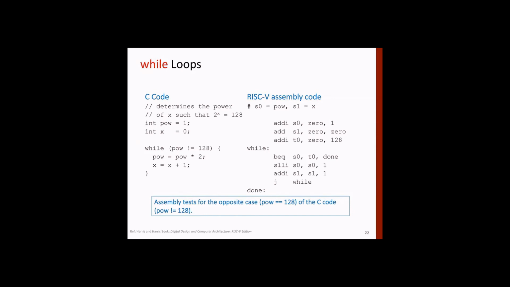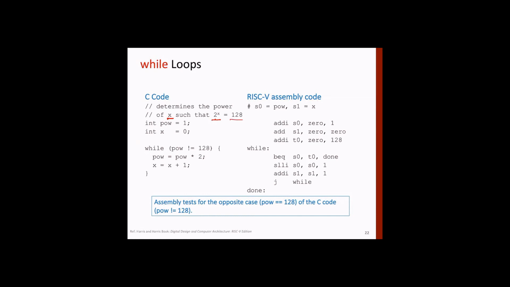The logic is exactly the same that we are going to use. Now here, what we are trying to do is calculating 2 raised to the power x, and you determine the value of x when 2 raised to the power x becomes 128.